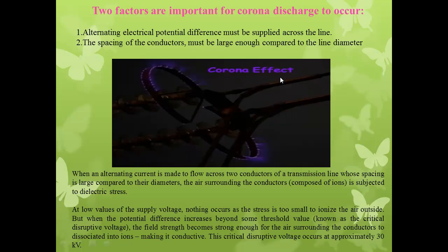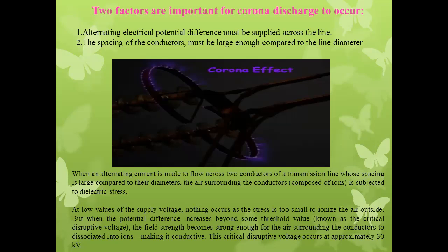Whenever this live conductor ionizes the air surrounding the conductor, the air medium gets ionized and produces free electrons. Since our transmission line generally operates above the breakdown strength of the air medium, the number of charged particles will be produced rapidly, and the supply voltage is strong enough.